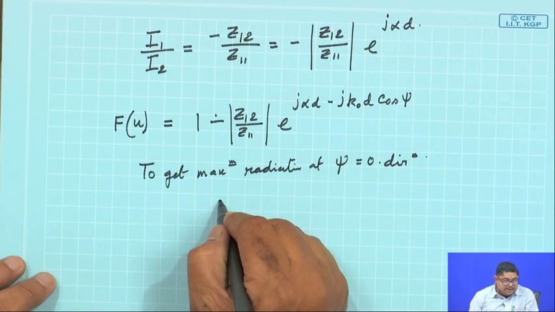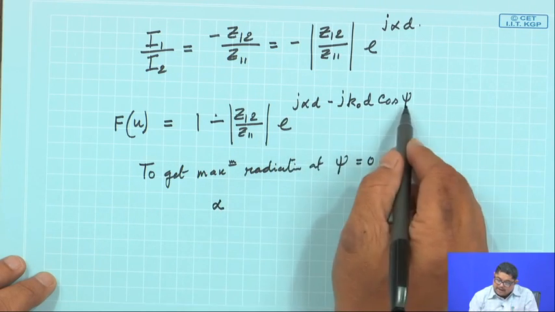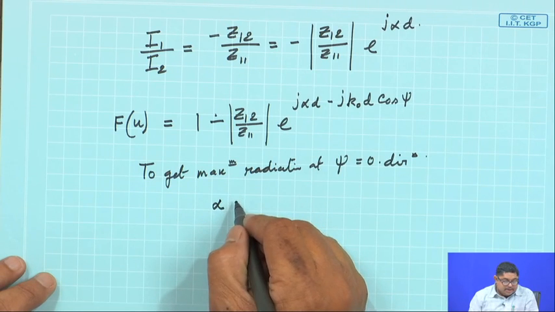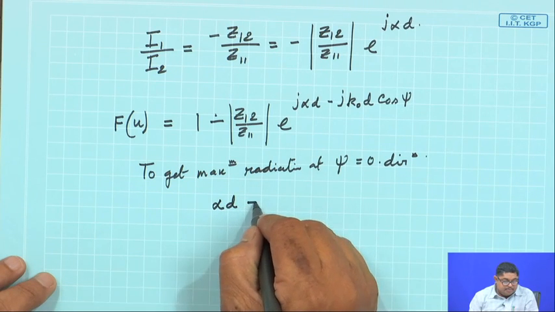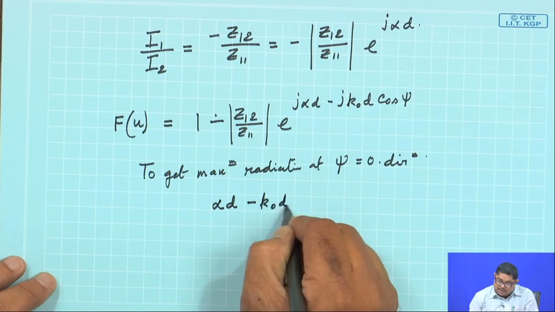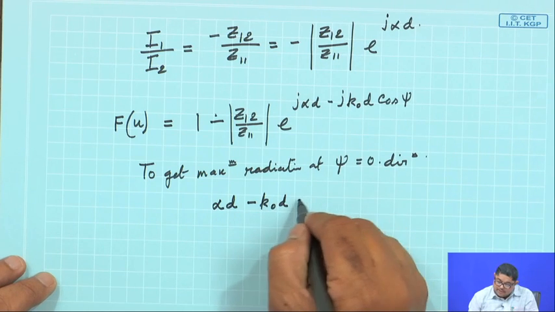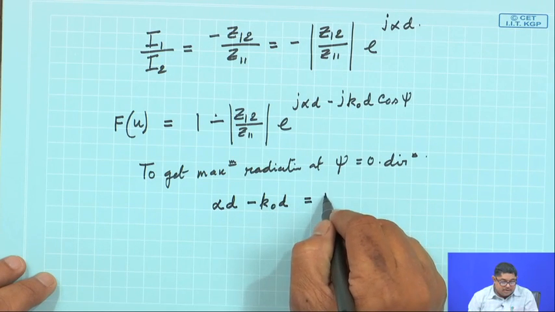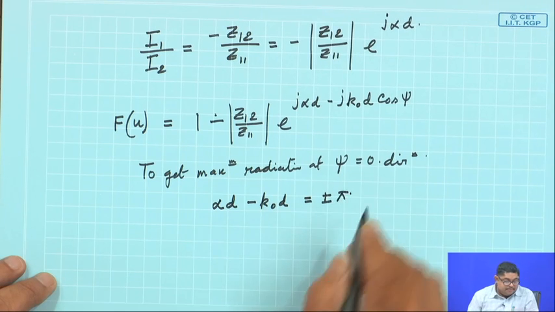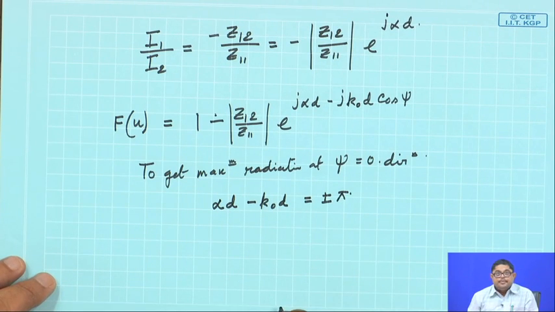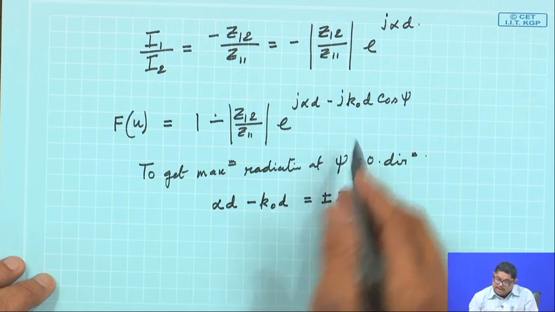We require that alpha d minus k naught d should be equal to plus minus pi. Can I say that? Because then this part will go alpha d minus k naught d.